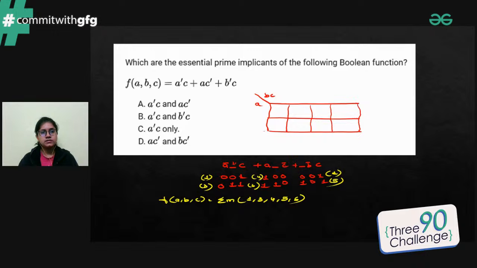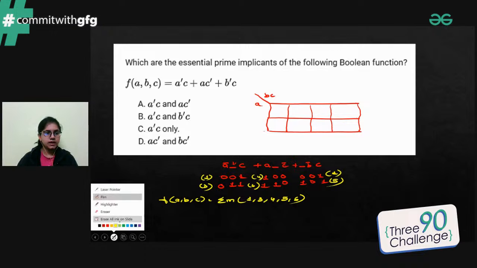Sometimes in the questions they will give you the canonical form directly, and simply you can take out the min term values and put them in the K-map, or else you have to take out the min term values yourself. First convert it into canonical form, then take out the min term values and then put them into the K-map. So these are the steps you have to do. The min term values are 1, 3, 4, 5, 6.